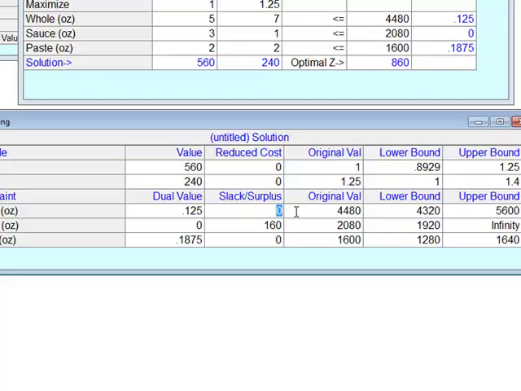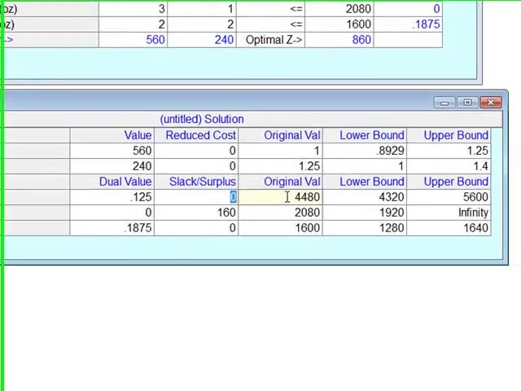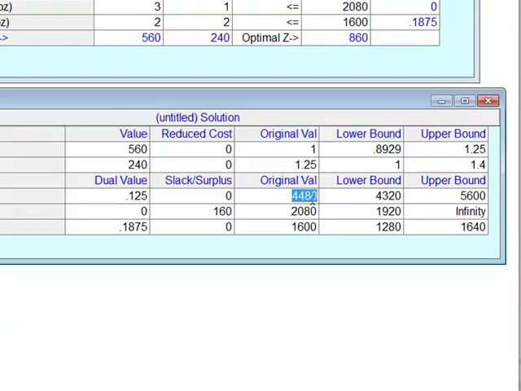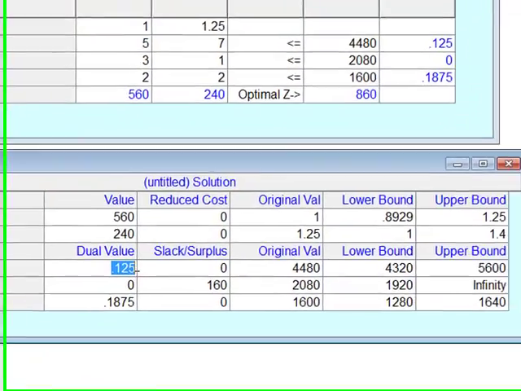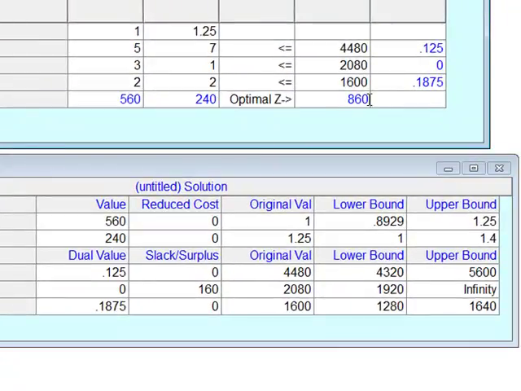So for every additional ounce that I get my hands on, from 4,480 ounces, if I have 4,481 ounces, then my profit, my objective function, which in this case is a profit, will go up or will improve 12.5 cents. So my $860 will be $860 and 13 cents.